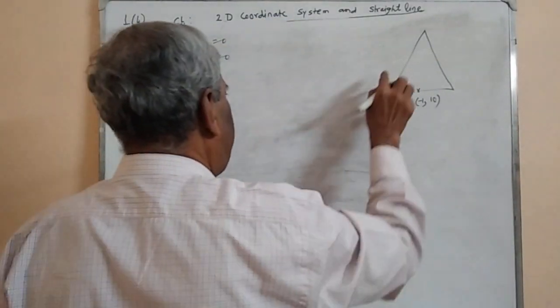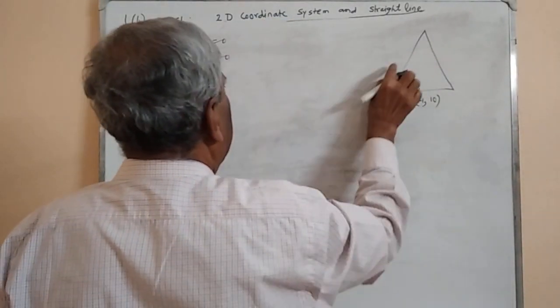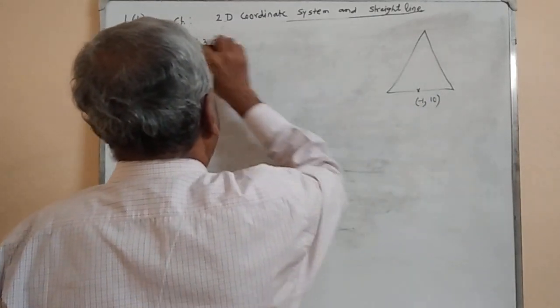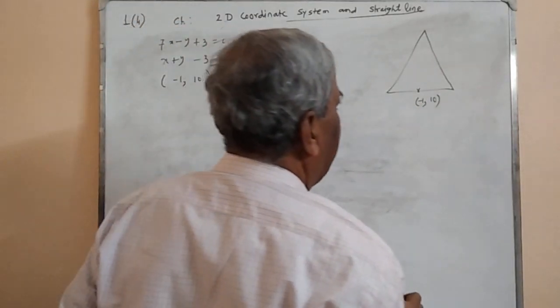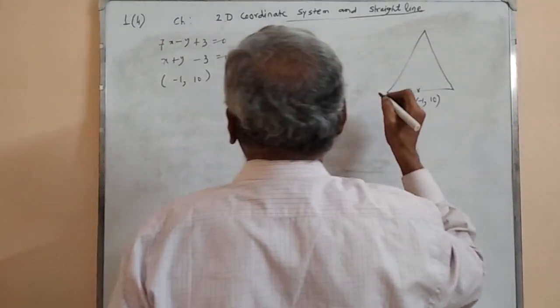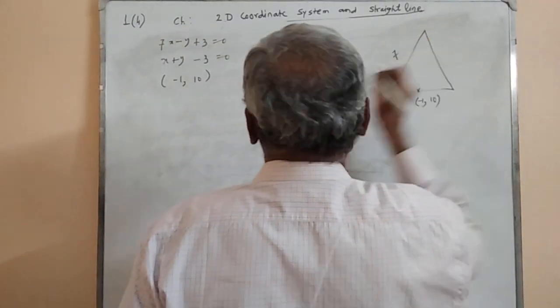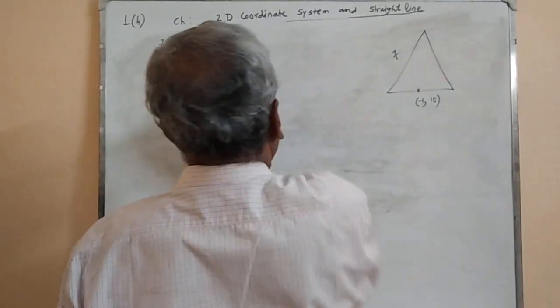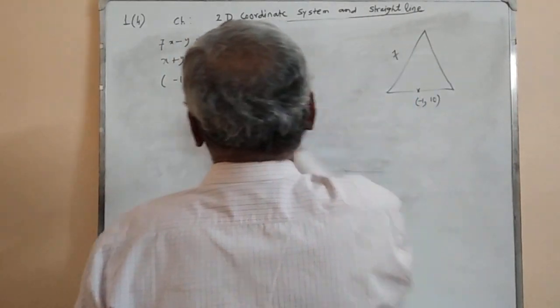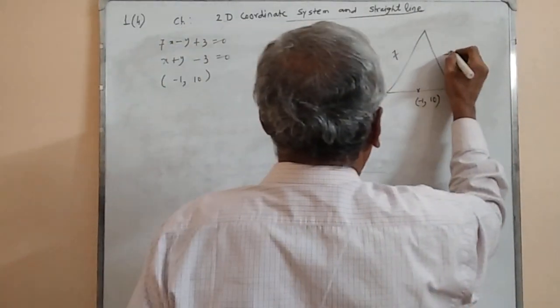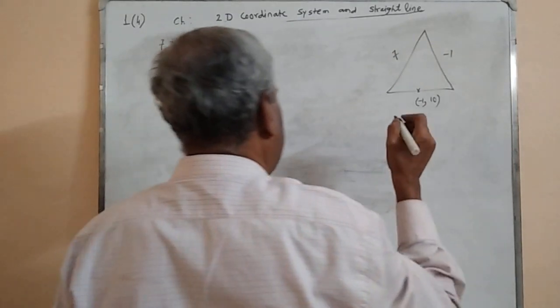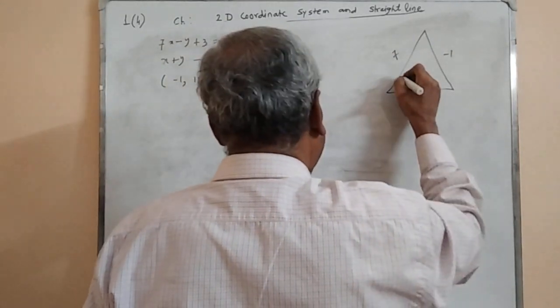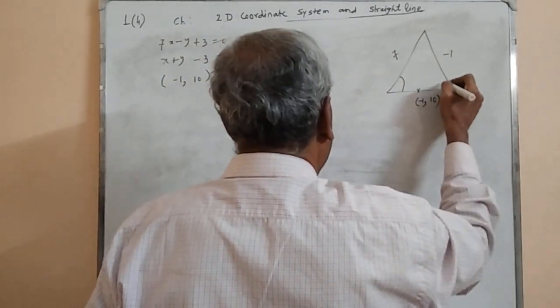So suppose this straight line is along that straight line. So its gradient is 7. Y is equal to 7x. Gradient of that is minus 1. So it is clear that that angle must be equal to this angle.